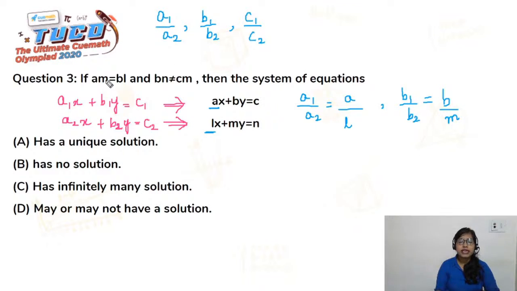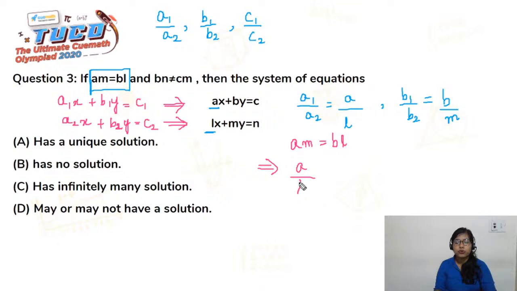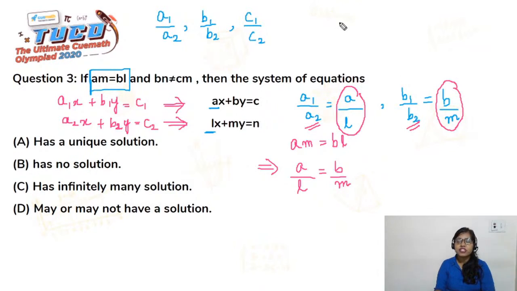And from here, the first condition given to us is that am is equal to bl. So I could say that a over l is equal to b over m. And a over l and b over m are nothing but the ratios a1 over a2 and b1 over b2. So one thing we have figured out is that a1 over a2 is equal to b1 over b2.